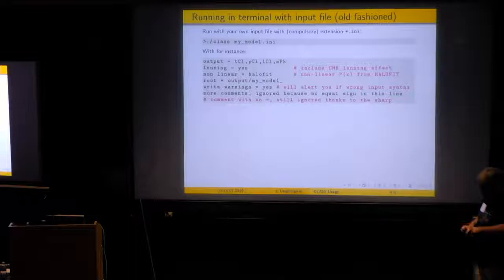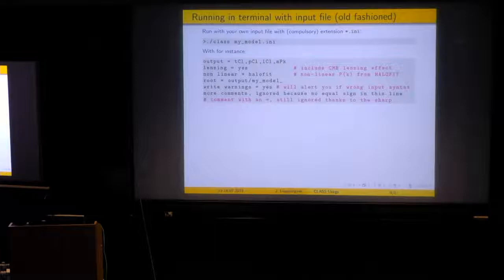While lensing computes the lensing of the CLs, which is a second-order perturbation effect, starting from the unlensed CL and the lensing CL. Nonlinear is where you say that you want your halofit corrections for the power spectrum. Root is where you can choose the output file, and then you avoid to produce a 01, 02, 03. If you fix it, it will always overwrite in the same file.